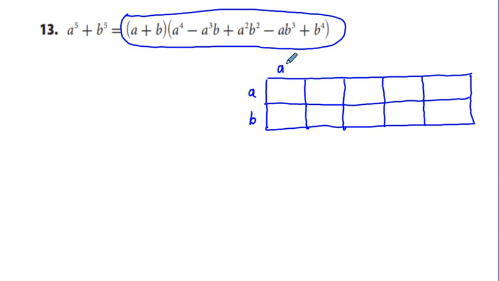We're going to have a to the 4th power, and we're going to have negative a cubed b.